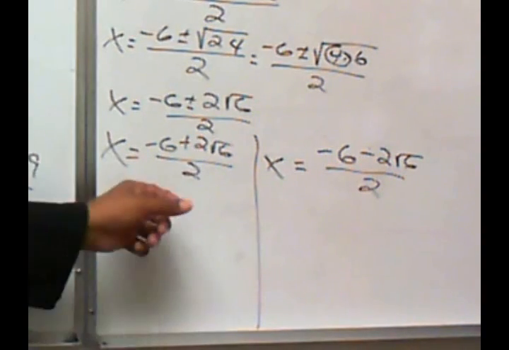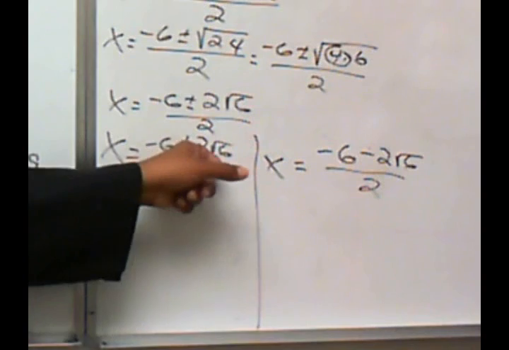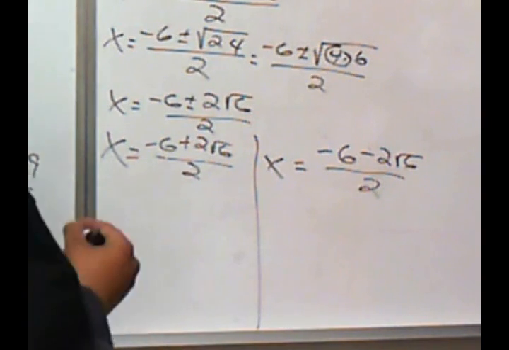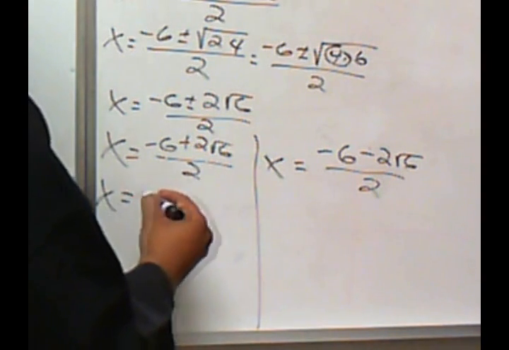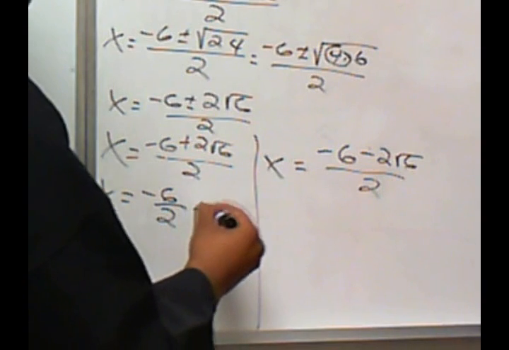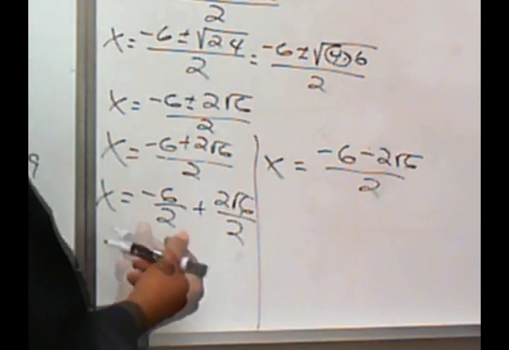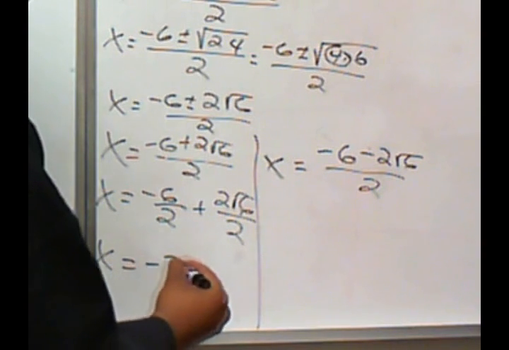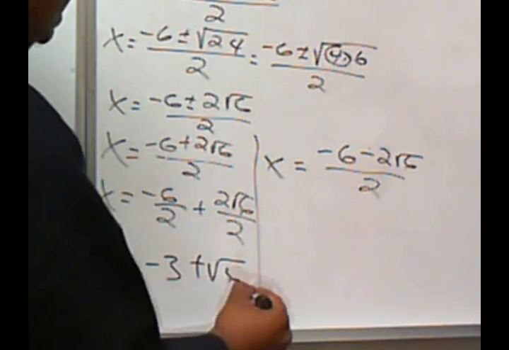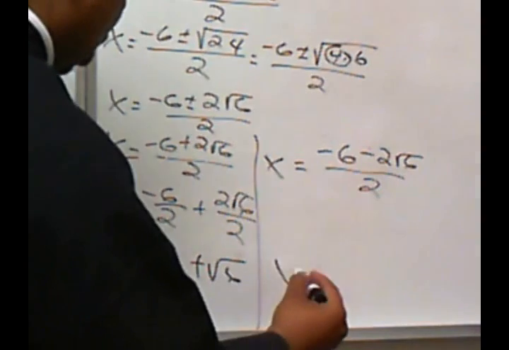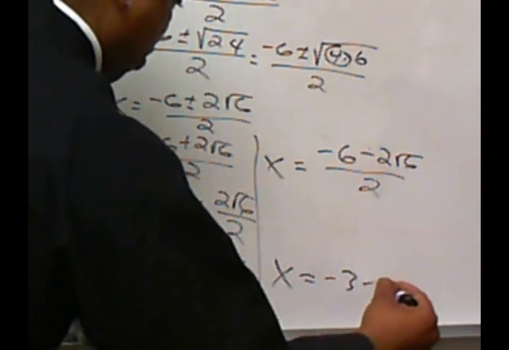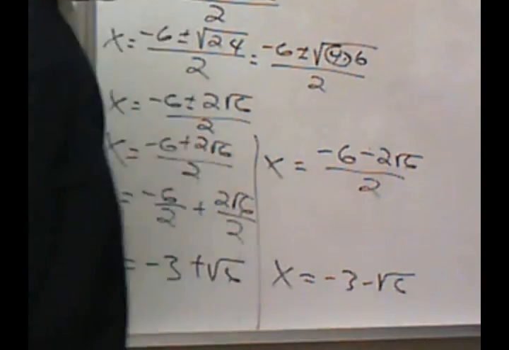Now, you'll notice that we can simplify with both terms here, so I'm going to split it up into two parts so I can get simplification. Now it's two parts and we have two solutions. x equals negative 3 plus square root of 6, and over here x equals negative 3 minus square root of 6.